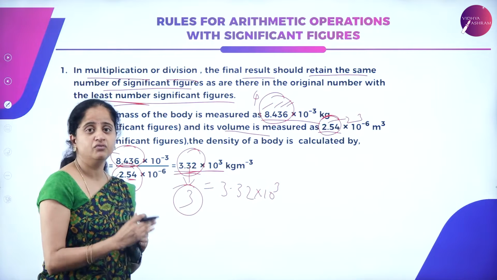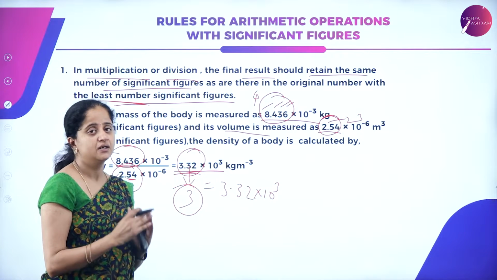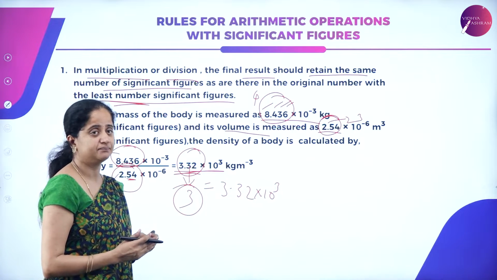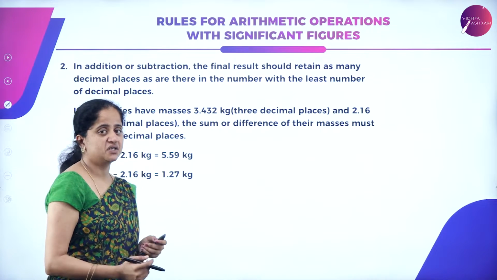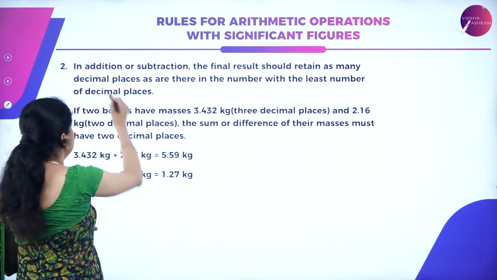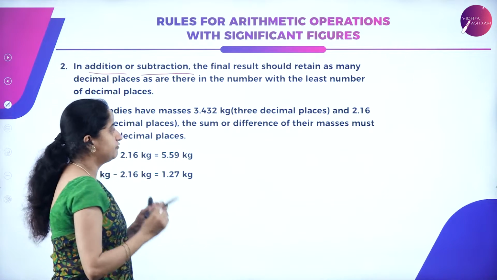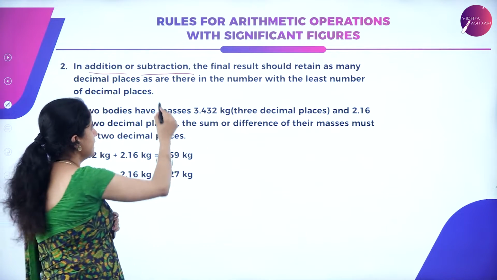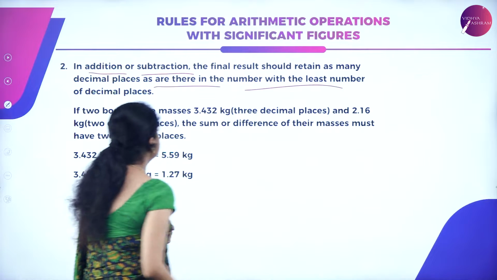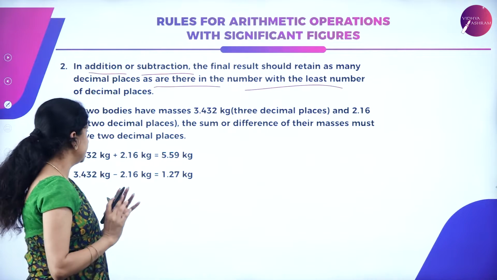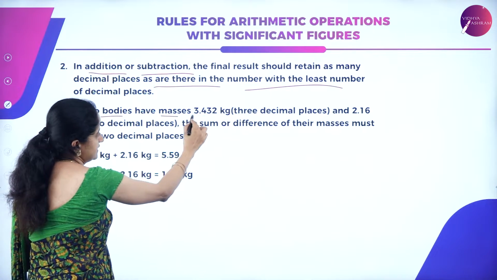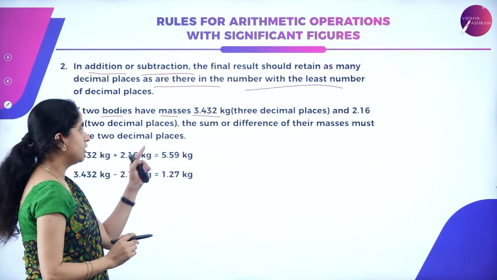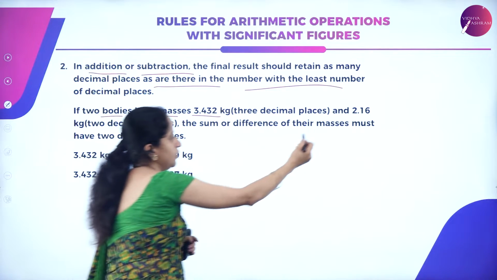This is one of the rules for arithmetic operations with significant figures. That is about multiplication and division. What about addition and subtraction? In addition or subtraction, the final result should retain as many decimal places as there in the number with least number of decimal places. Yes, if two bodies have masses, for example 3.432 and 2.16.